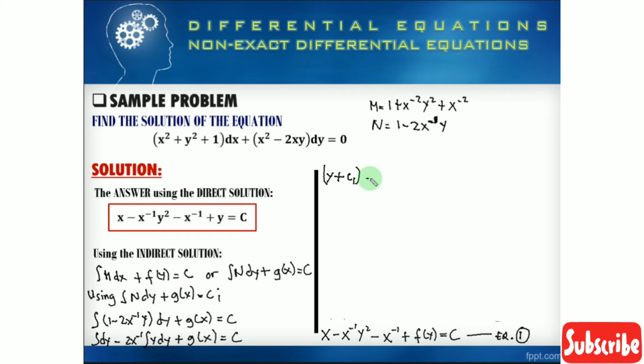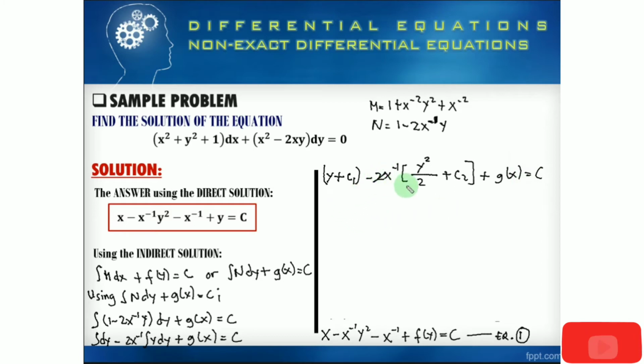And then minus 2 x raised to the negative 1 times the integral of y dy, so u to the n, so it is equal now to u to the n plus 1, so this is y, n plus 1 is 2, this is 1, so 1 plus 1 is 2 over 2 plus c2, okay? And then we have here plus your j function of x is equal to constant, okay?